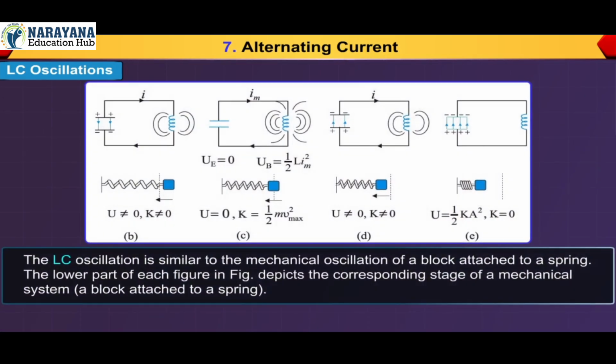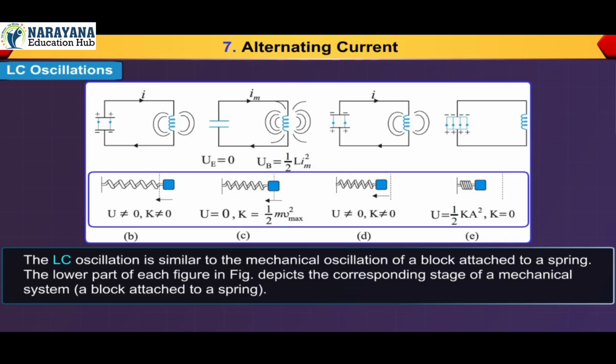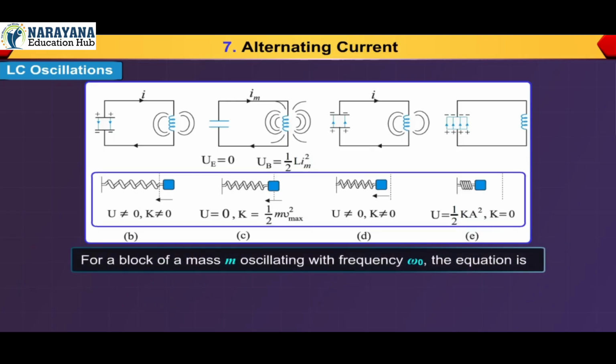The LC oscillation is similar to the mechanical oscillation of a block attached to a spring. The lower part of each figure depicts the corresponding stage of a mechanical system, that is, a block attached to a spring. For a block of mass m oscillating with frequency ω0, the equation is d²x/dt² + ω0²x = 0.